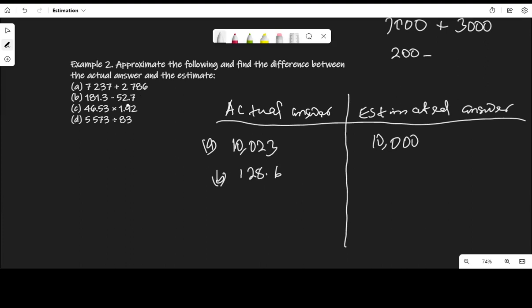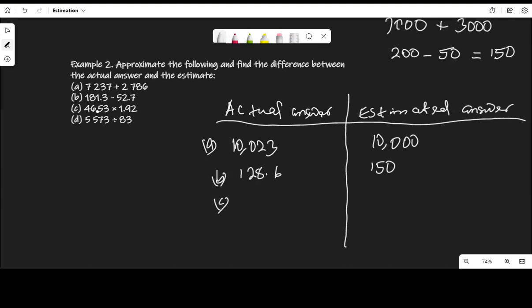Of course, 52.7 is very close to 50. So 200 minus 50 is 150. So the estimated answer is 150. The difference is not much, about 20 or so. That is the difference between the actual answer and the estimated.